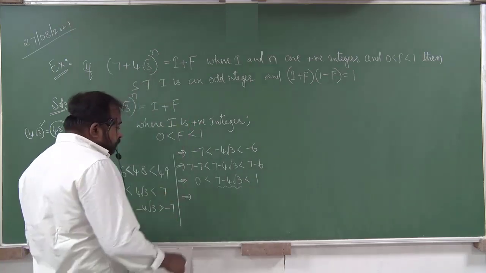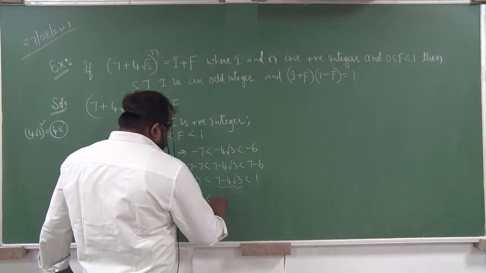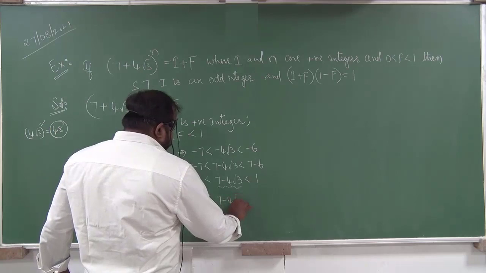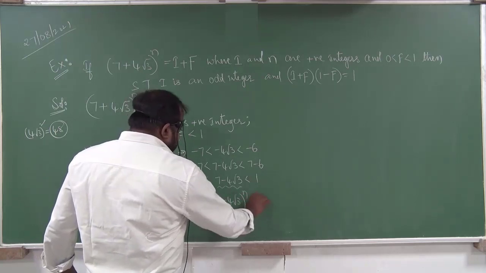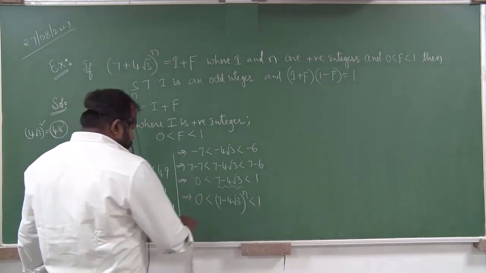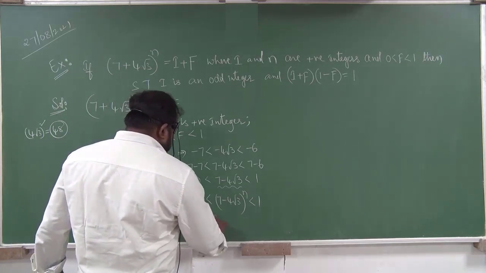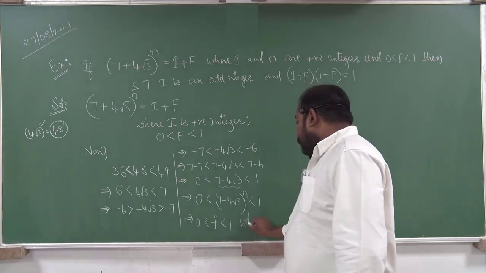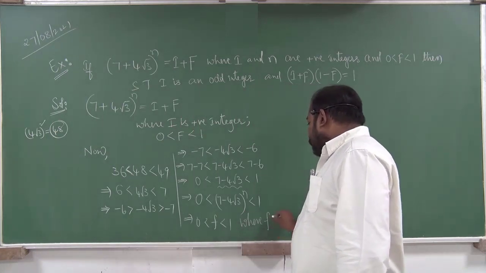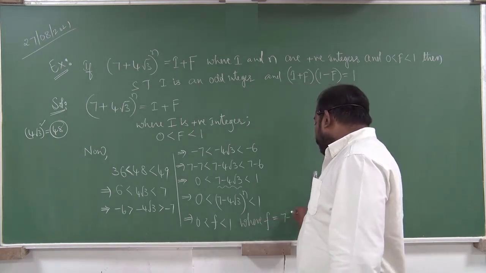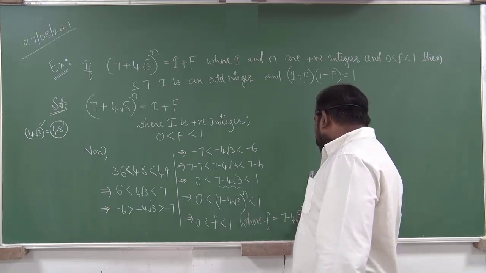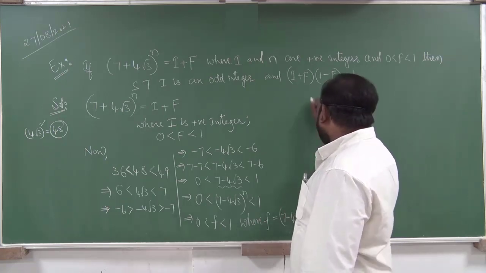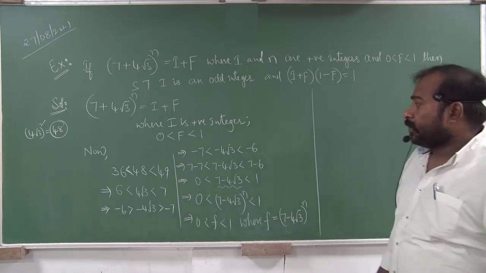So in the next step I will write 0 is less than 7 minus 4 root 3 whole power n is less than 1. That is 0 is less than small f is less than 1, where small f is equal to 7 minus 4 root 3 whole power n.